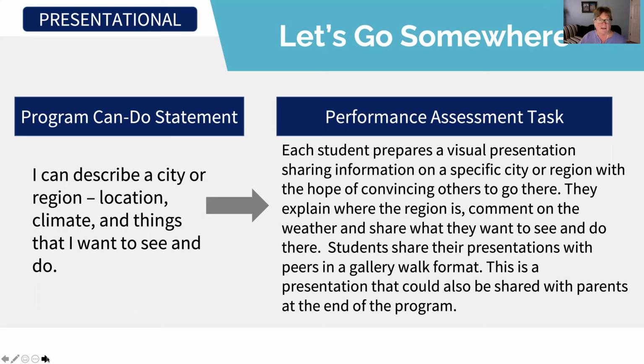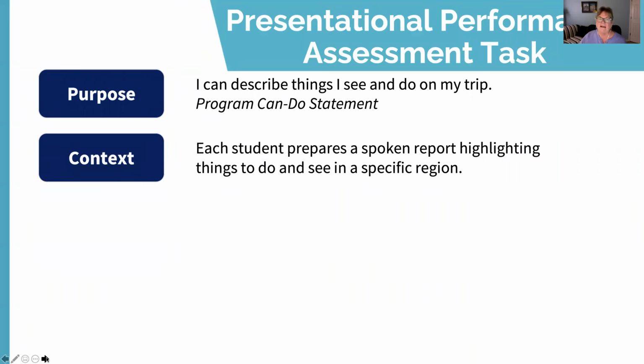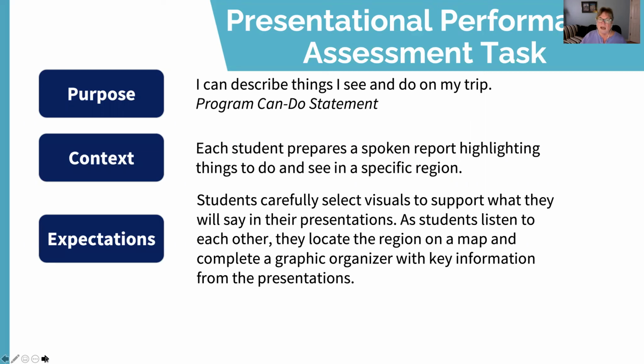And then they'll share these presentations in a gallery walk format and possibly with parents at the end of the program. So again, the purpose is the program can-do statement, describing things they can see and do. The context is going to be within a spoken report that highlights what they can see and do in a specific city or region.